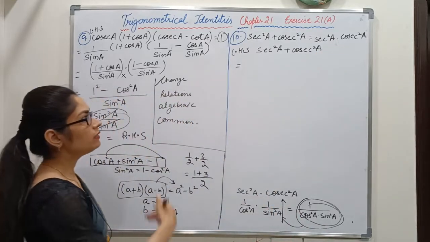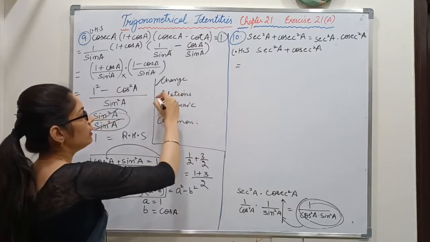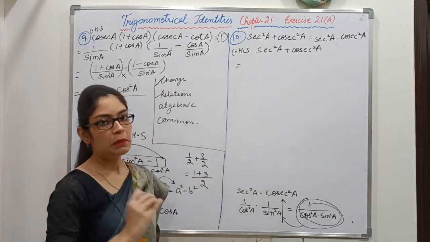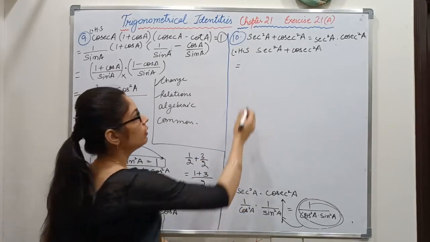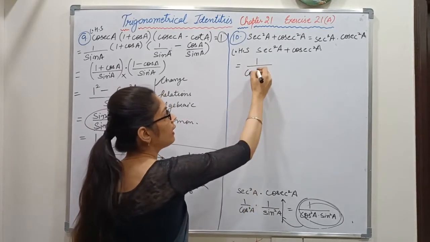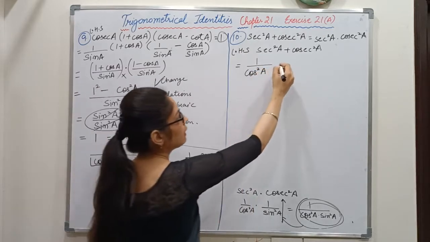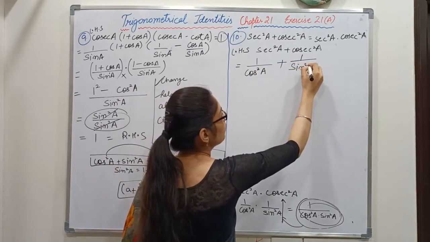So let's change it to sine and cos form, using their relations. So secant's reciprocal is cos. Because we are changing to sine and cos, secant square A I can write as 1 by cos square A plus, as it is, cosecant square A as 1 by sine square A.